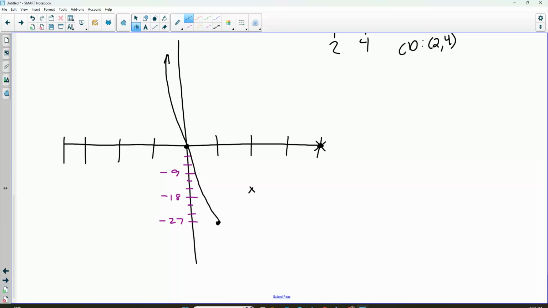Okay, now it switches to increasing and still curved upward until we get to that X. Now it's a subtle change to curving downward until you get to the next X. Good, now it's still increasing but curving upward again. All right, very nice. Any questions?